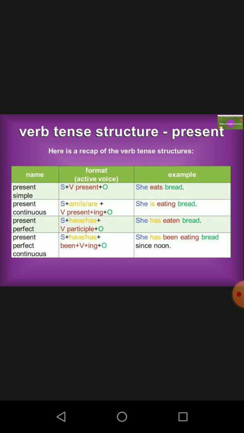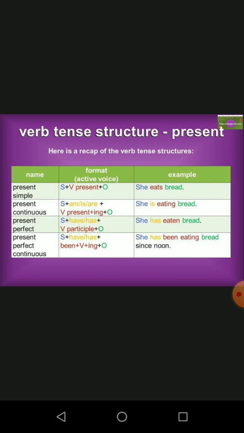I eat bread every day at breakfast. I read a novel one hour daily, a storybook one hour daily. This is part of your habitual action. All sentences like this will have simple present form.